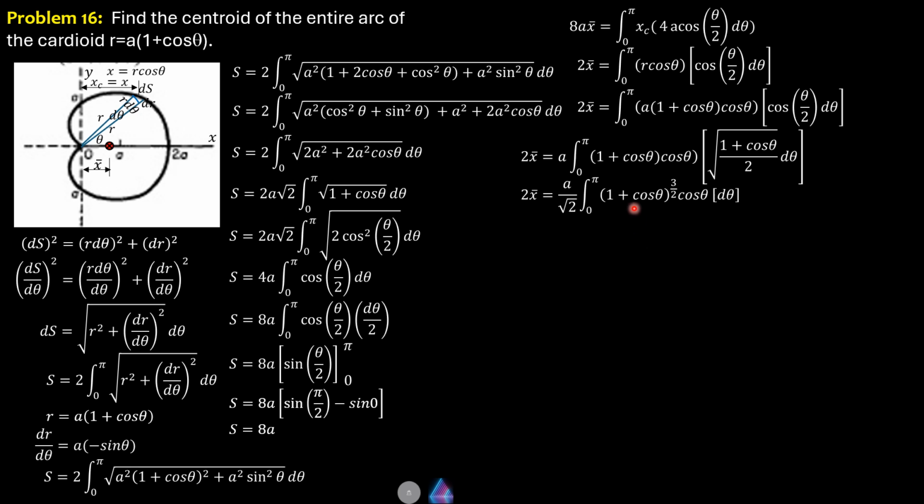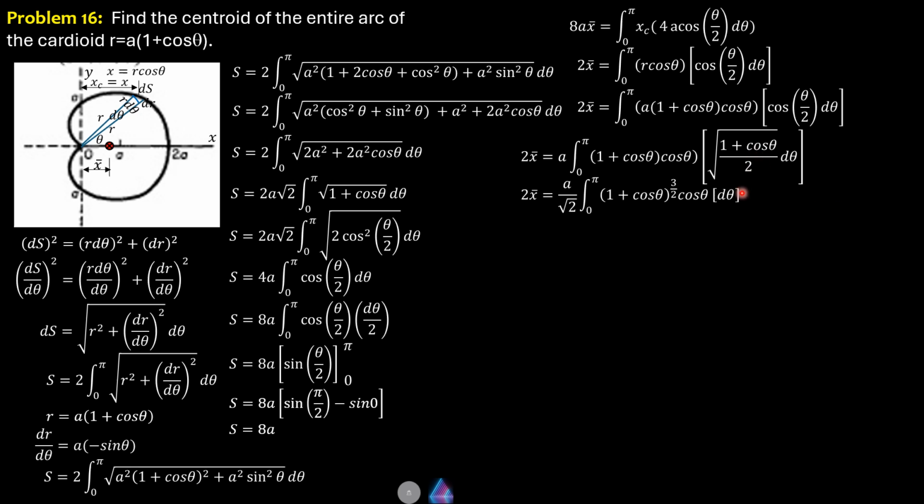Then this is again replaced by its identity, which is 2 cosine square theta over 2. And this one is 1 minus 2 sine square theta over 2. Cosine theta is 1 minus 2 sine square theta over 2 because 2 sine square theta over 2 is 1 minus cosine theta.